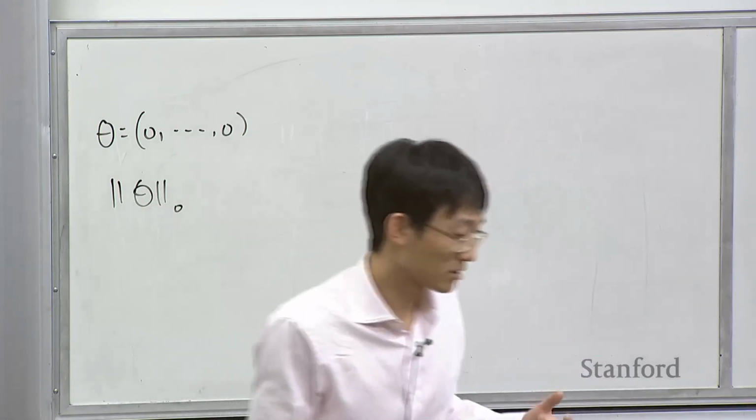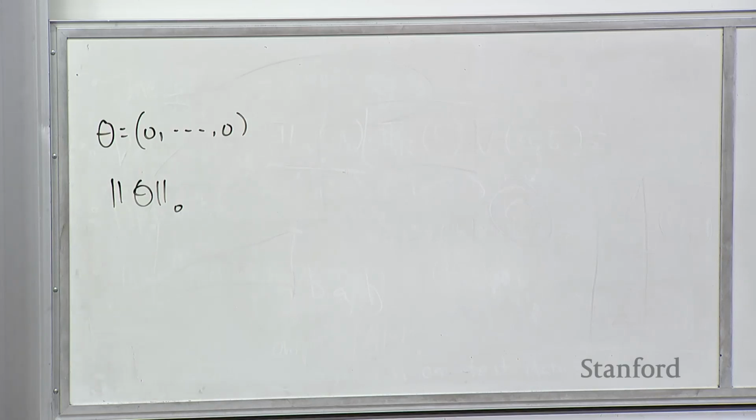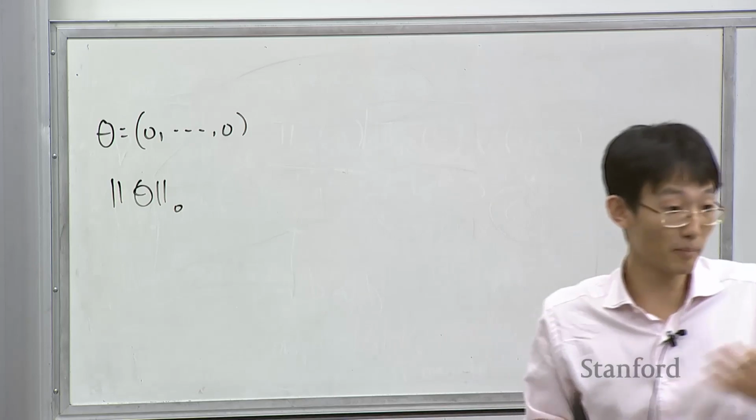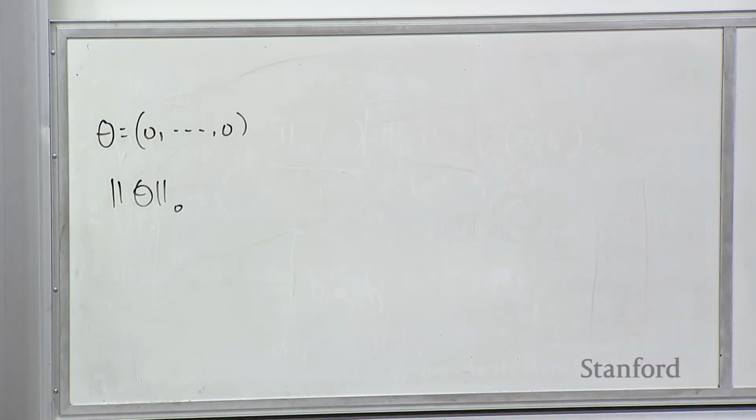So it's not differentiable, which means you don't have gradients or derivatives, and that causes a problem. Even though I told you this is a regularizer, in reality nobody uses this exactly in their algorithm, because this term has no gradient. How do you optimize it?